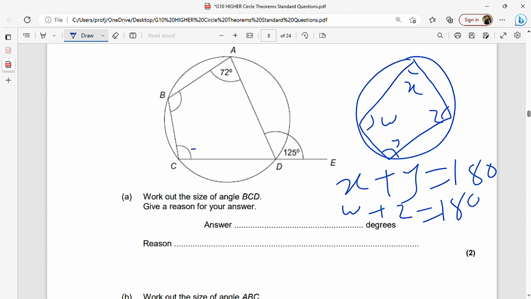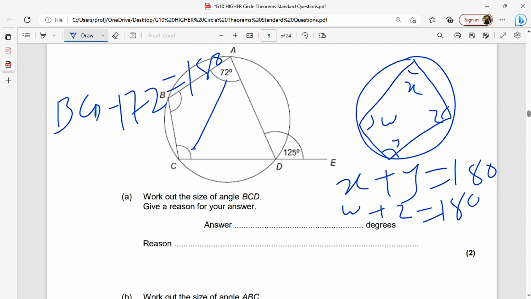Now look at it. This is the opposite angle to A, which means that 72 plus BCD will give us 180. So BCD plus 72 is 180. Obviously, you know how to get your BCD. Just take away 72 from 180, you get BCD.